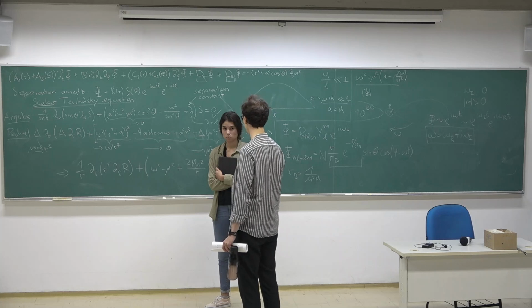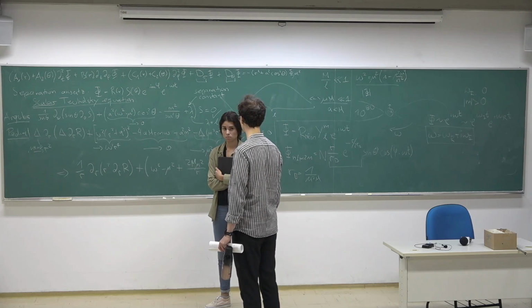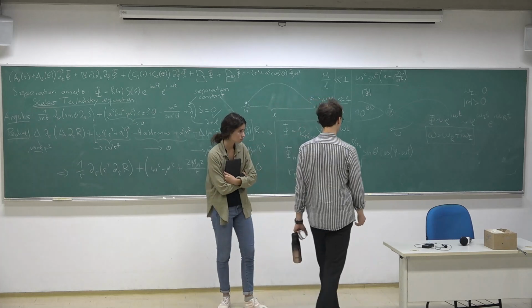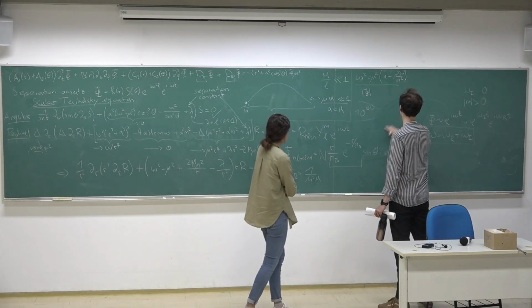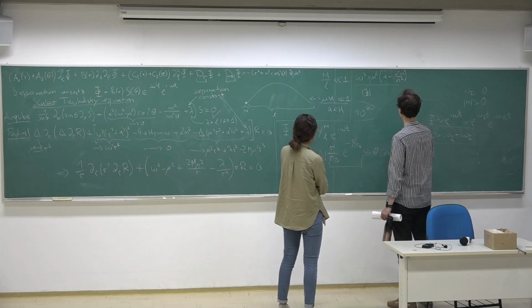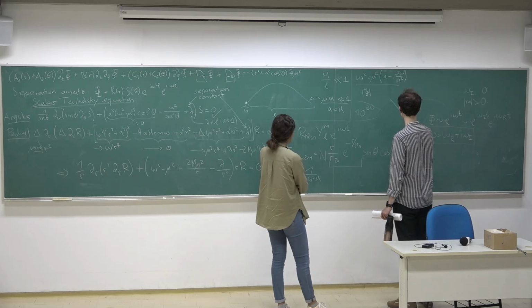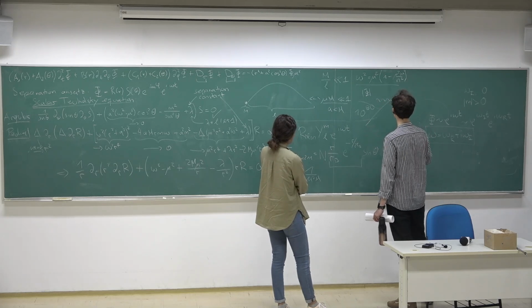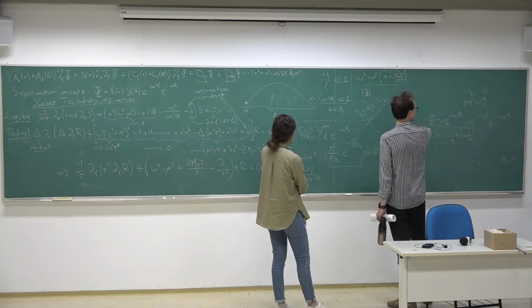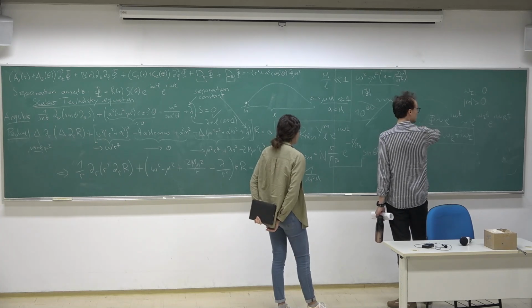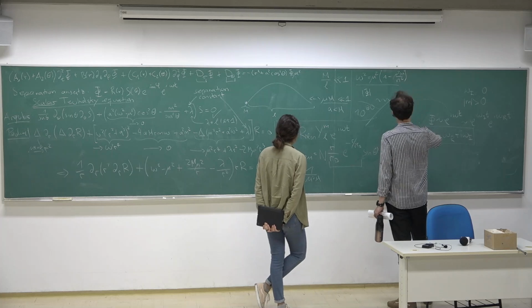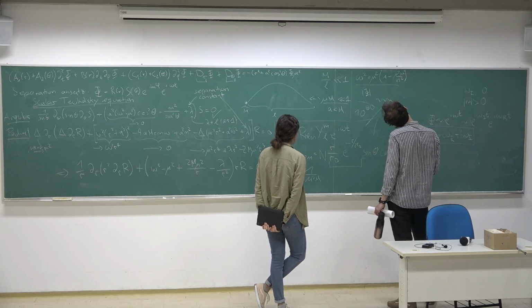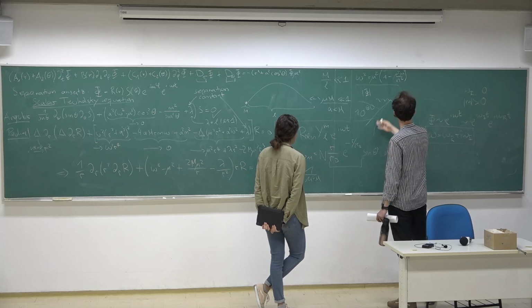But in general, for any space-time, you can see that in a Penrose diagram, right? The event horizon must be a null boundary.